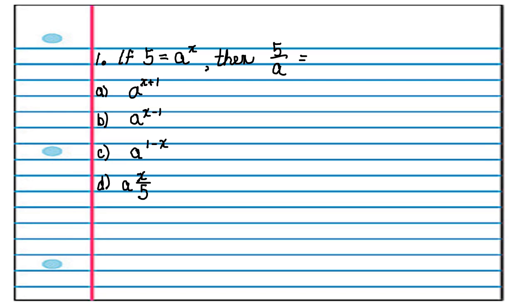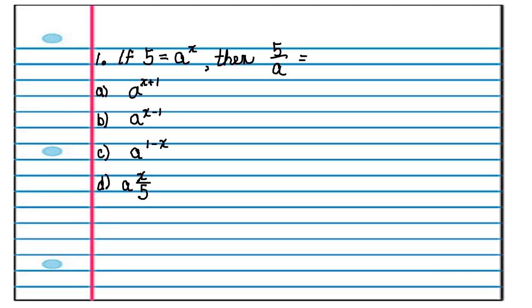So let's try the one that is in the exercises here for your practice. If 5 equals a to the power of x, then 5 over a equals, okay, there's really kind of a couple of ways to play with this. I hate to say that.